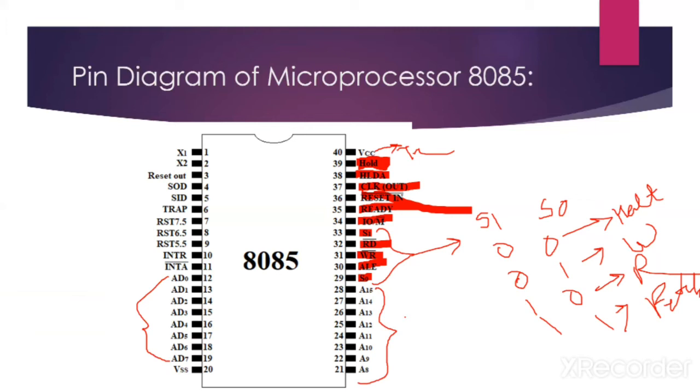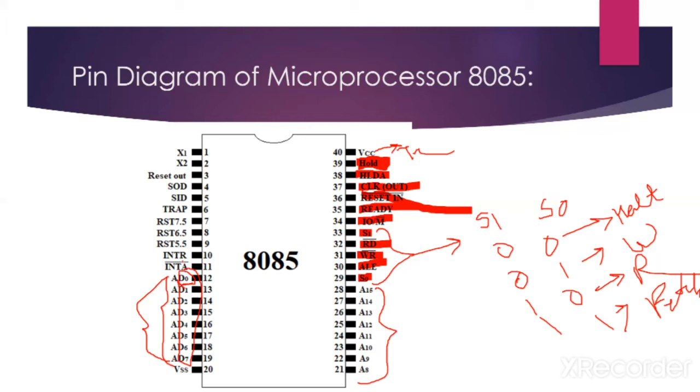The most significant bits, from A8 to A15, of the address bus are separate, but the least significant bits, from A0 to A7, are multiplexed with the bits of the bidirectional data bus, that are D0 to D7.